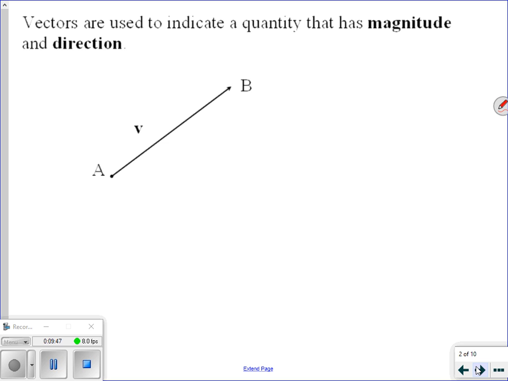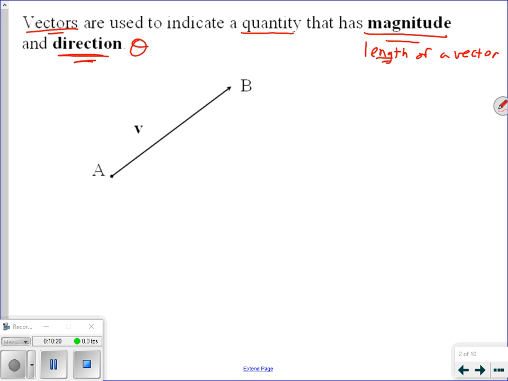First of all, vectors differ from parametrics because vectors are used to indicate a quantity that has a magnitude and a direction. A magnitude is like a length of a vector. And a direction, well, we know what a direction is. It's a certain way you're going, and we notate that using theta. So we have a length and a theta.